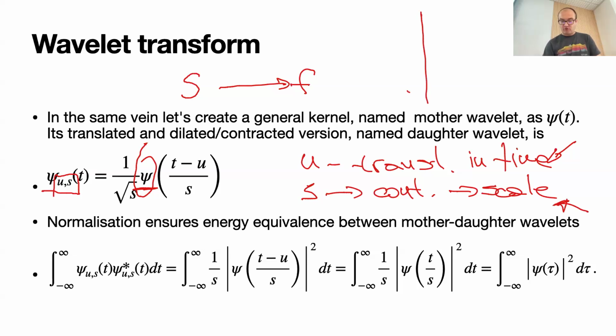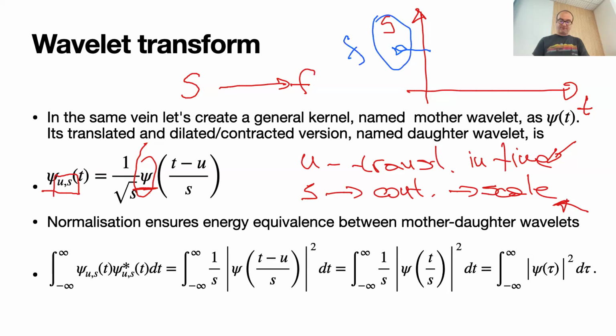When we draw this function, there is time on the x-axis and scale on the y-axis, and we have an additional simple transformation to transform this s to f. All these things I'm going to explain now, just to have an idea. If you ever read any wavelet book, just know that they are going to talk about scales constantly, and it is assumed that you will know how to convert scales to frequencies.